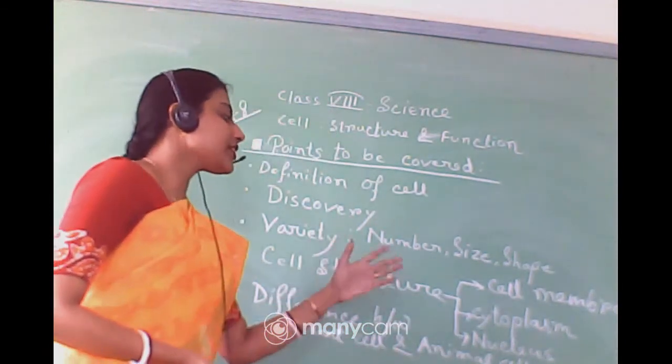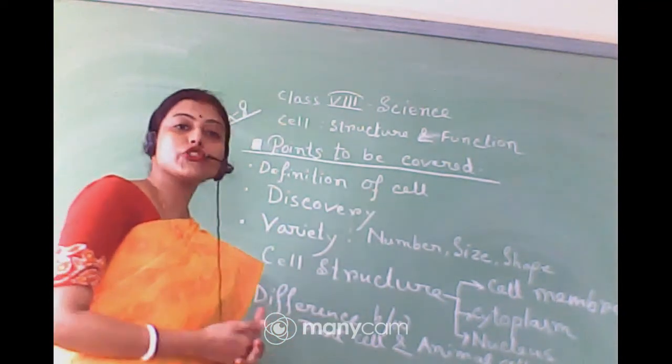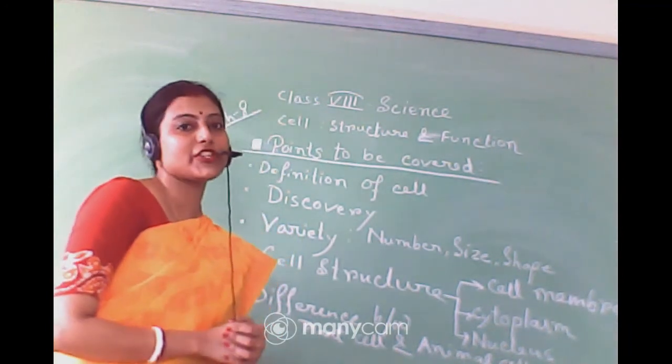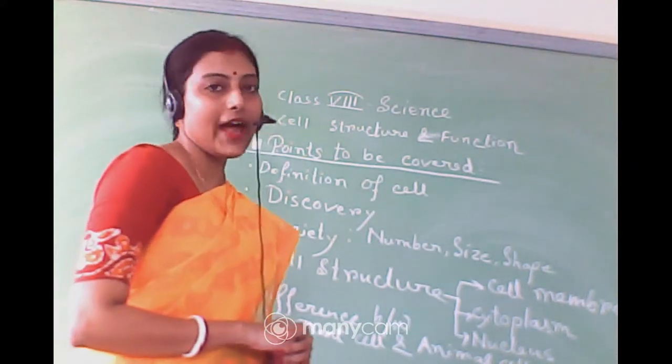After the structure of the nucleus, there is another portion left in this chapter, the last portion, which is the difference between the plant and the animal cell.